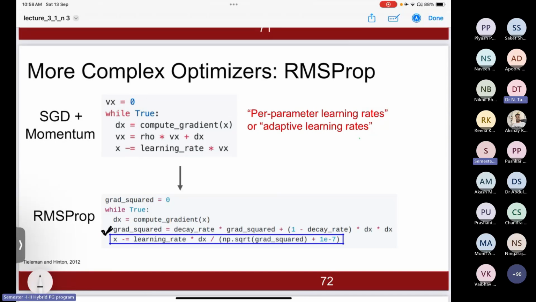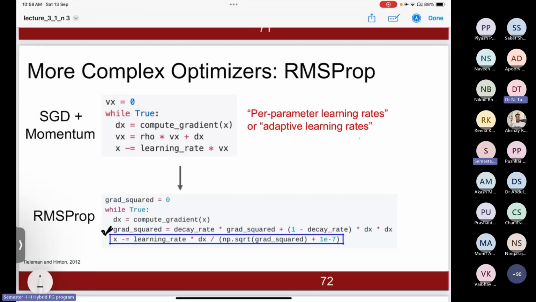So we want to see what the variance is in every direction. How fast the things are changing, or how non-uniform the values of the gradients are.